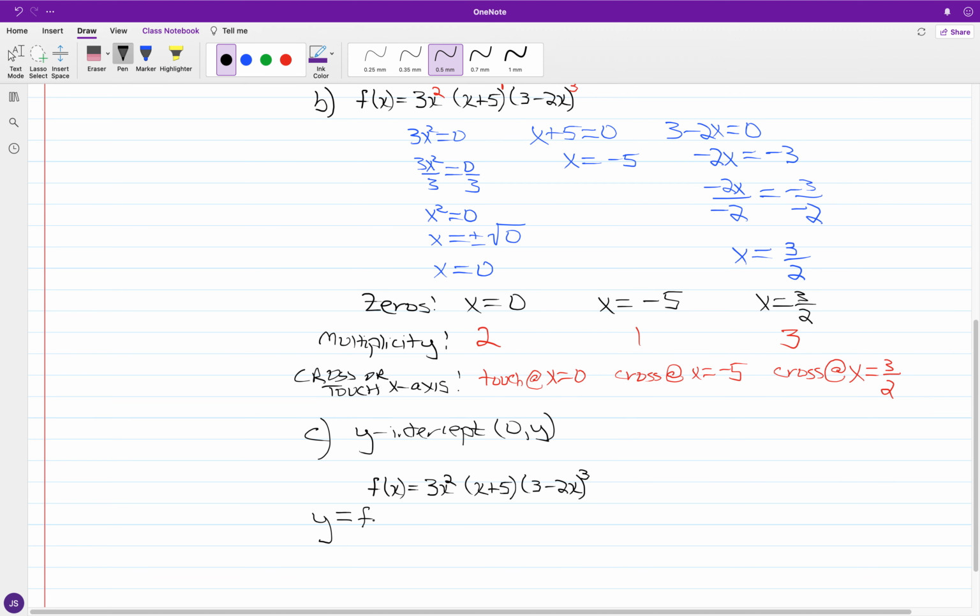So you have y is equal to f of 0. And guess what? We have 3 times the square root of 0. 0 plus 5 is 5, and you have 3 to the third, so that's going to be 27. And because you got 0 squared, the result is going to be 0. So the y-intercept is going to be at the origin.